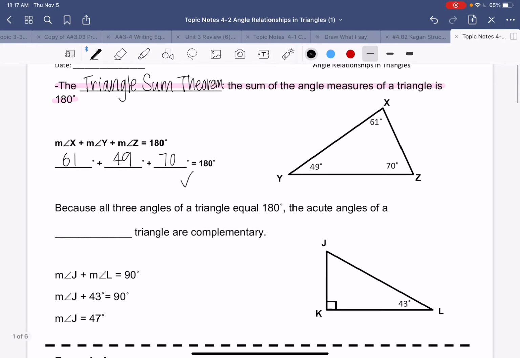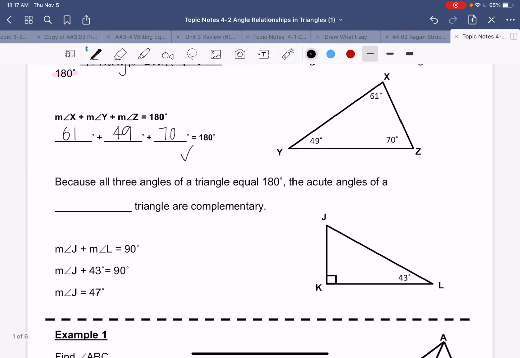Okay? Because all three angles of a triangle are equal to 180, the acute angles of a right triangle are complementary. So let me run you through that.